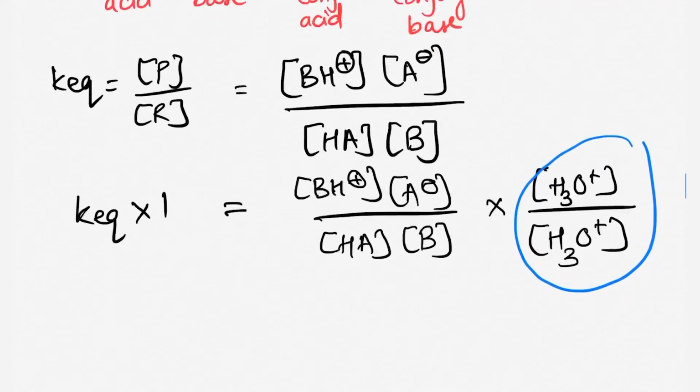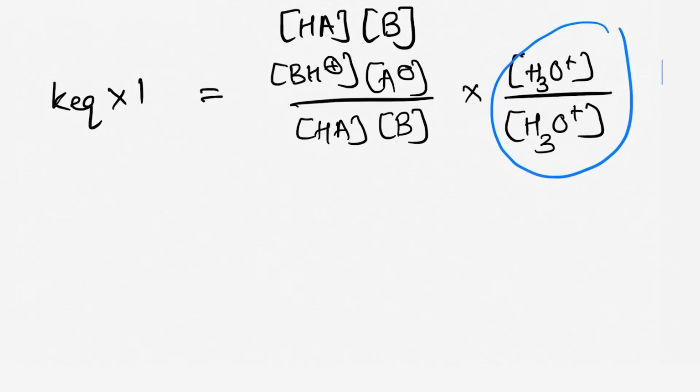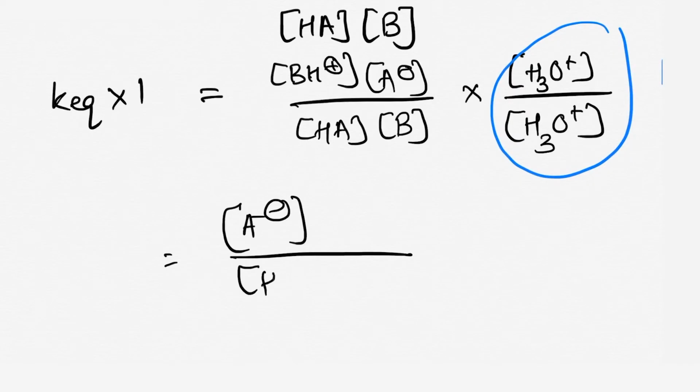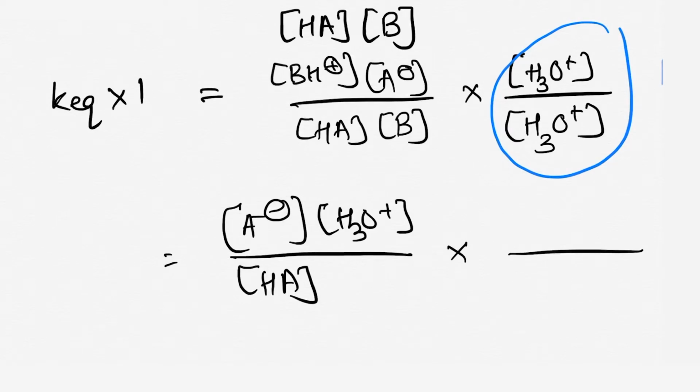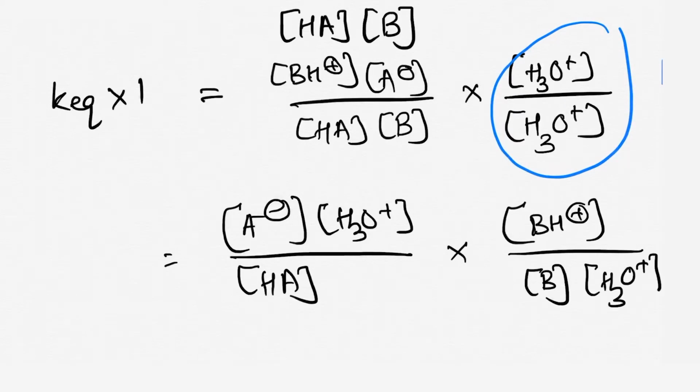So, we are multiplying both sides by 1. Now, let us separate these terms a little bit. So, what I have here is the concentration of A minus over HA, right, into the concentration of H3O plus, into the concentration of BH plus over B and the concentration of H3O plus, right.